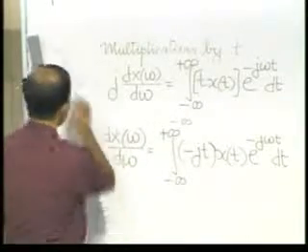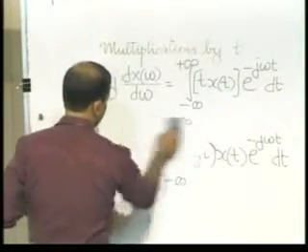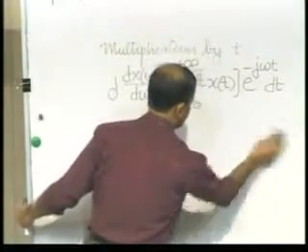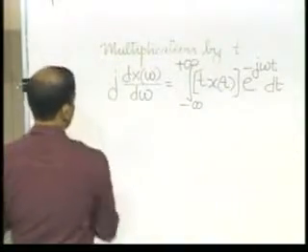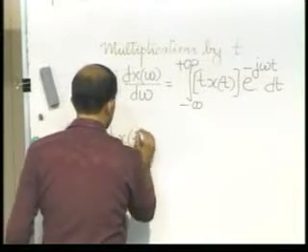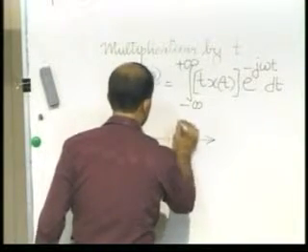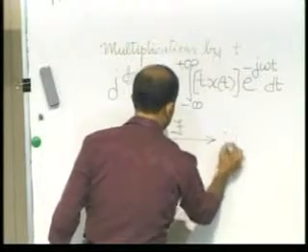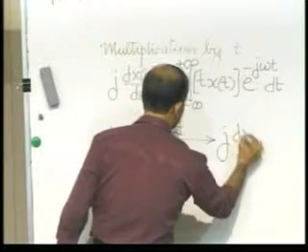All right, so we summarize this by writing t times x of t has the Fourier transform j times dX of omega d omega.